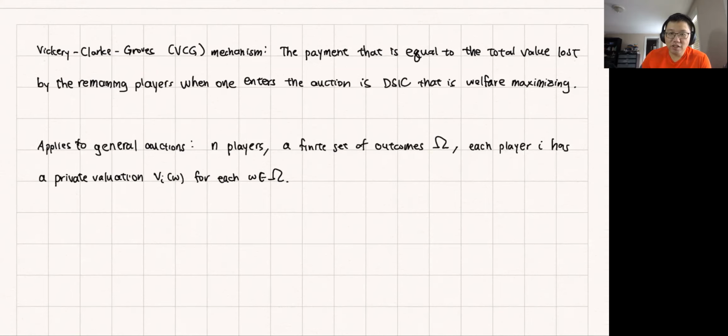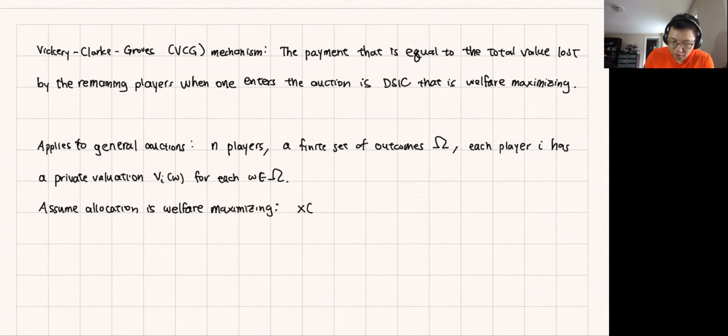And we assume the allocation is welfare maximizing. Essentially what we have here is x of b.